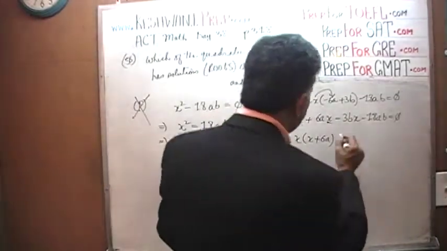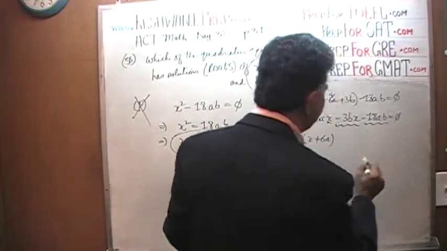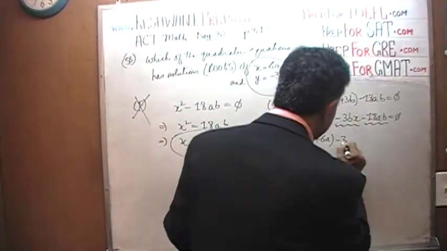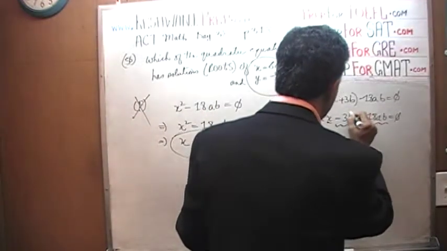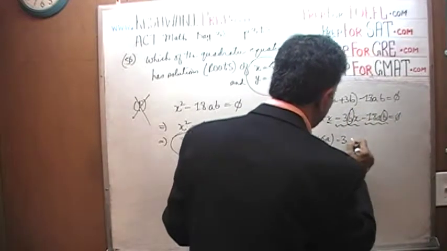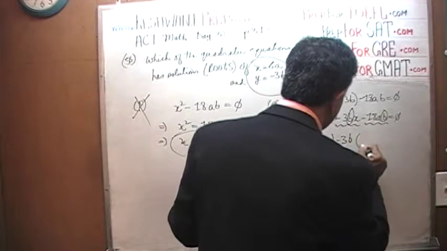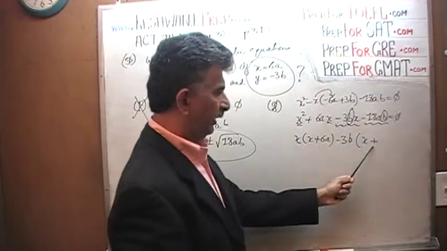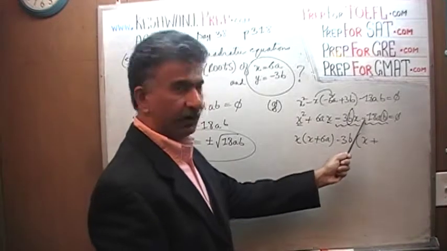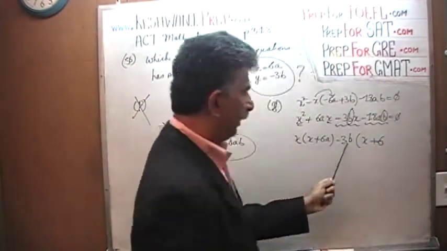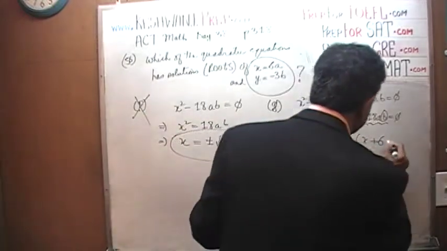And here we have negative 3bx and negative 18ab. Let's take out negative 3 common, and b is also common in both of them. Let's take out b common, and we are left with x plus, because positive times negative gives us negative, and 18 divided by 3 is 6. We have taken out the b, so we are left with a.